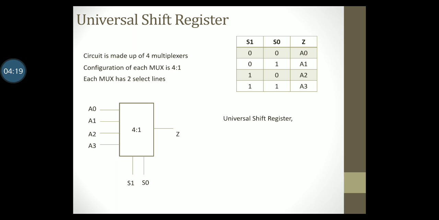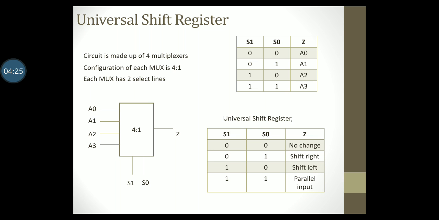Now, with respect to the universal shift register, the select lines follow this truth table. When S1 is equal to S0 is equal to 0, then there is no change in the output of every flip-flop. But when S1 is equal to 0 and S0 is equal to 1, the data bits are shifted right through each flip-flop.